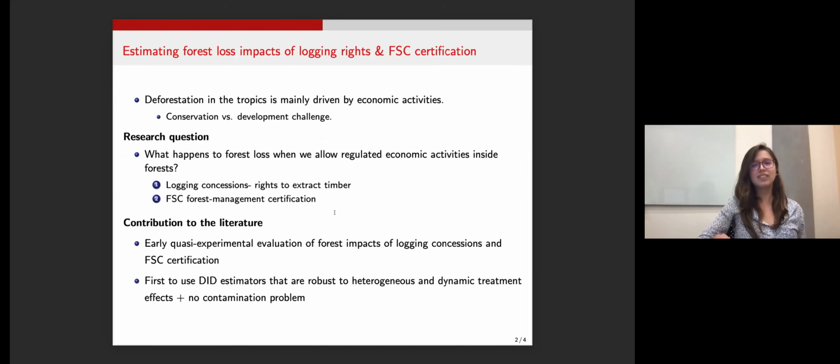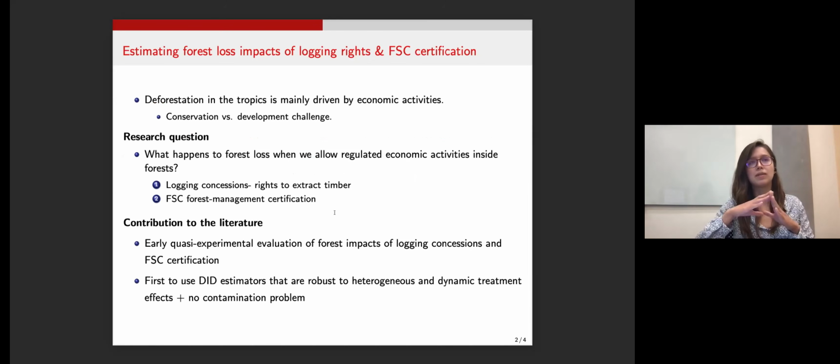So, as you may know, deforestation in the tropics is driven by economic activities such as agriculture or cattle ranching. So this brings challenges to policymakers because on the one hand, they want to conserve these super valuable ecosystems, but on the other hand, they also want to make sure that the local communities are developing.